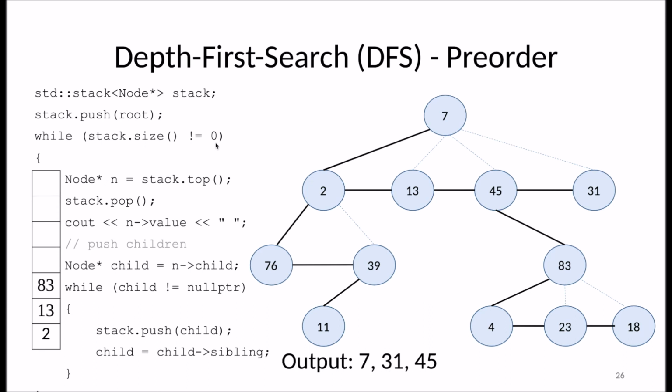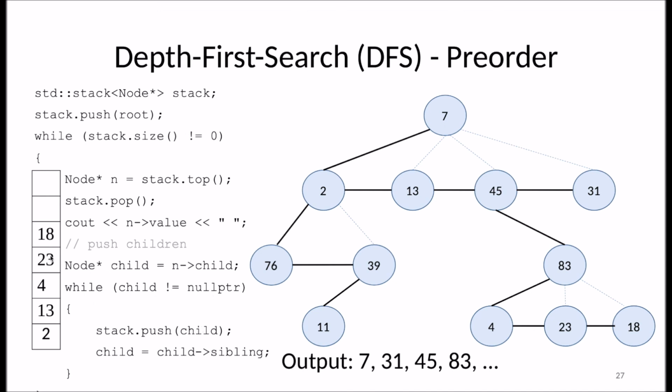Then I check again. The stack size is not 0. I take the top of the stack, which is 83. I remove it from the stack and I output the value. Then I take the first child of 83, which is here 4. 4 is not null. I push it onto the stack. Then I get the sibling of 4, which is 23. Child is not null.